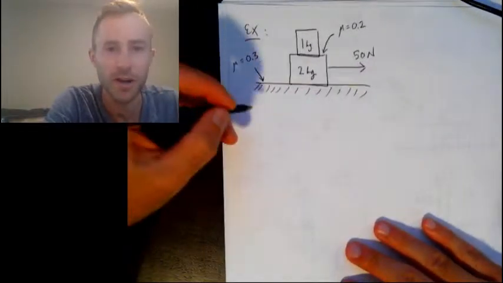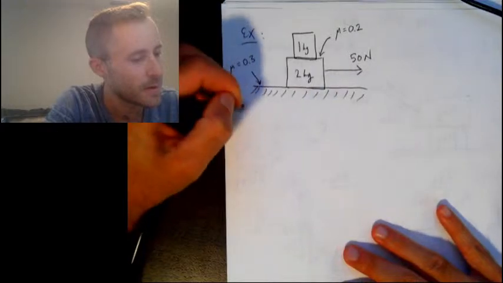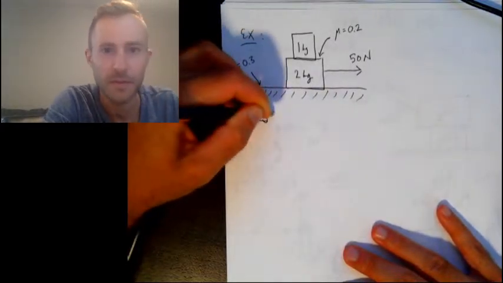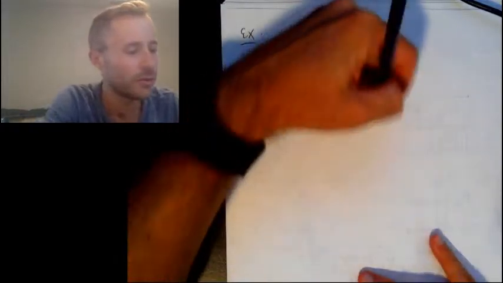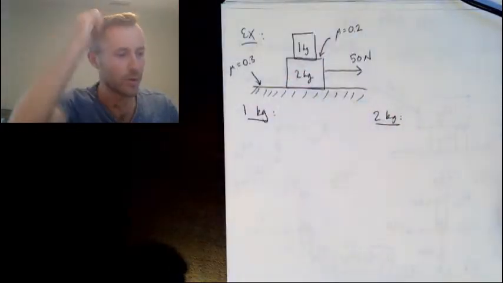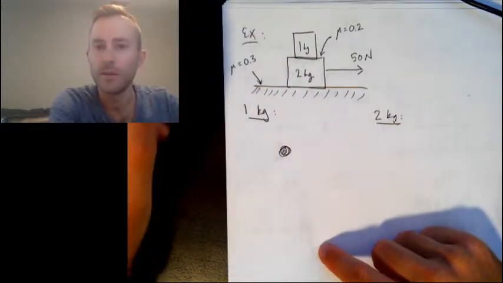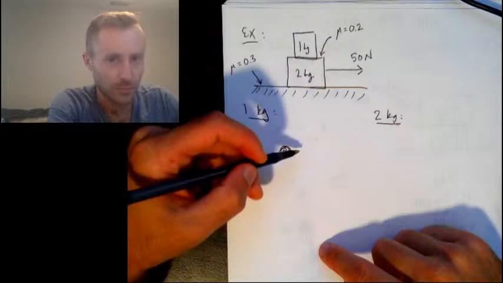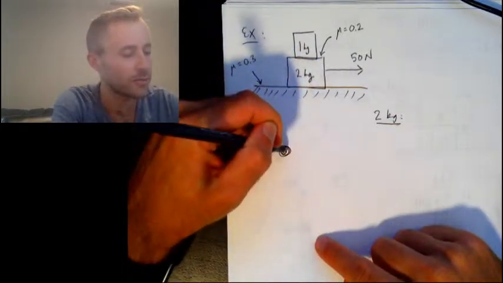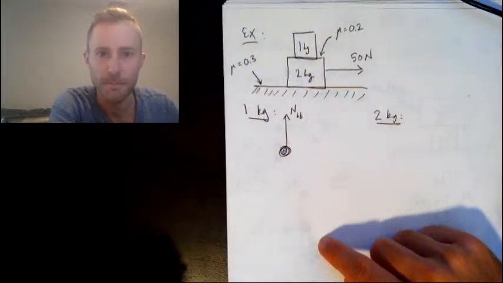So let's do a free body diagram of each block. We've got the 1 kilogram block and the 2 kilogram block. The 1 kilogram block is being pushed up by the normal force between the blocks, so we have N sub BB going upward.